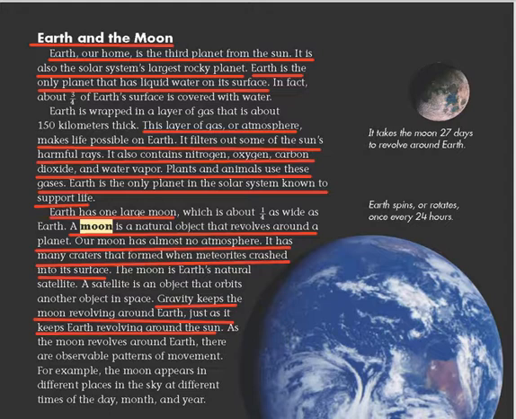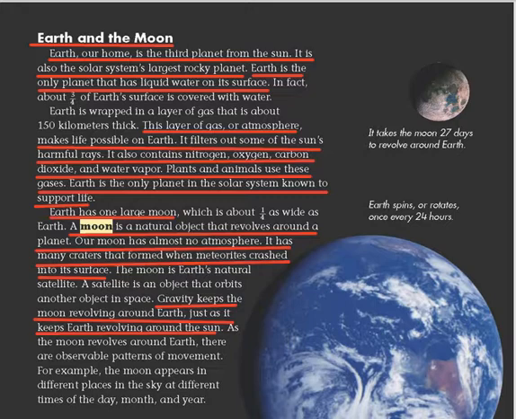Earth, our home, is the third planet from the Sun. It's also the solar system's largest rocky planet. Earth is the only planet that has liquid water on its surface, and we know that it's the only planet that has life on it.